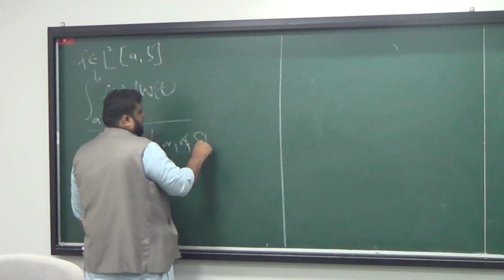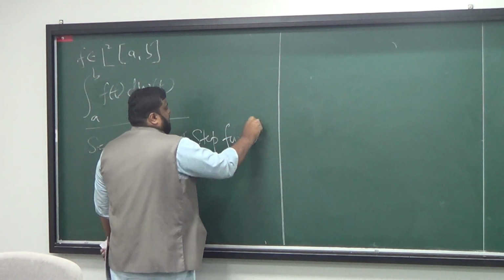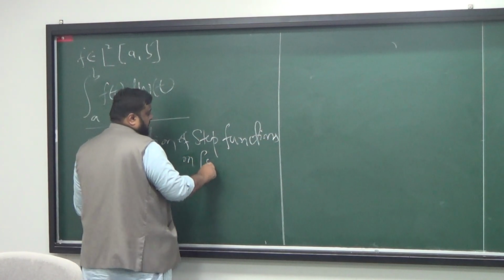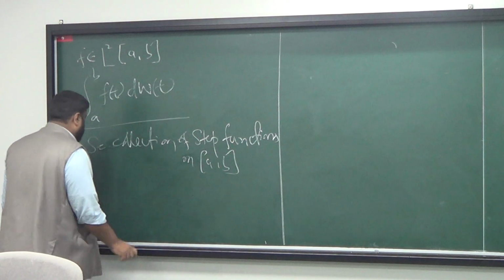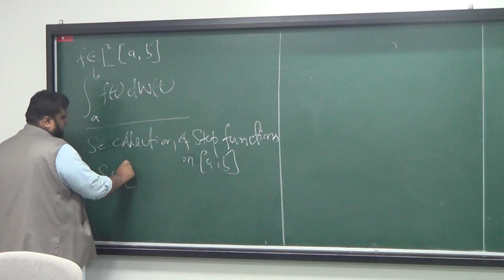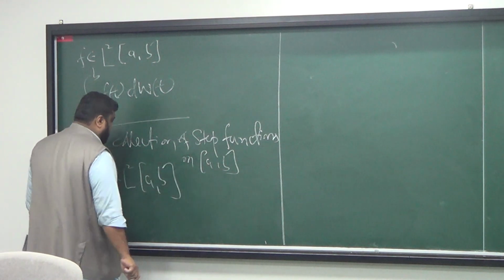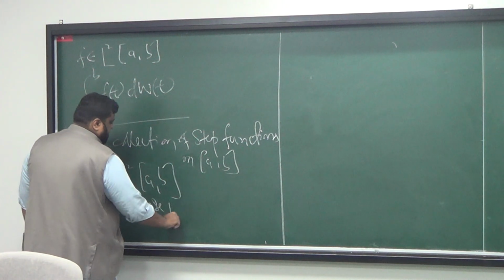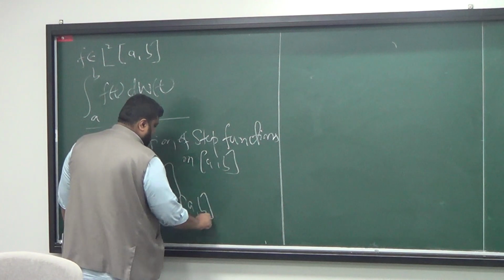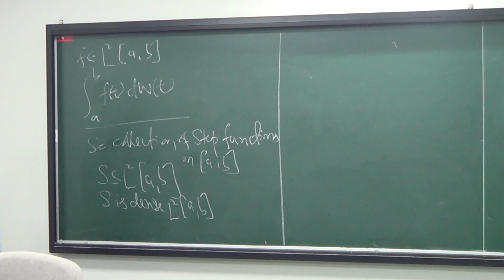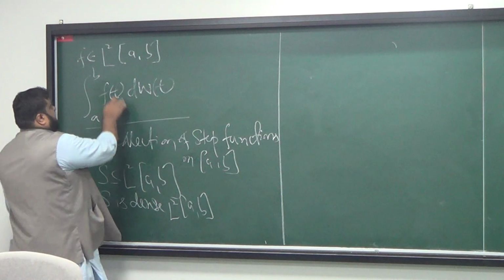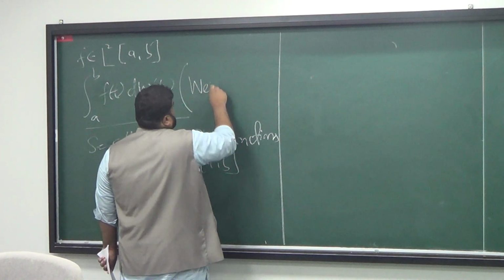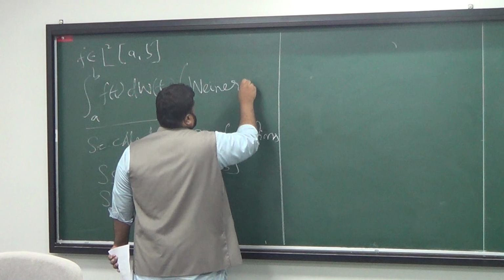Obviously this class of step functions is contained in L2[a,b], and this S is also dense in L2[a,b]. By the way, such integrals, when f is a deterministic square integrable function, you call a Wiener integral.